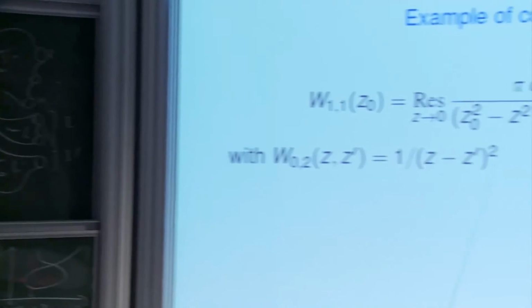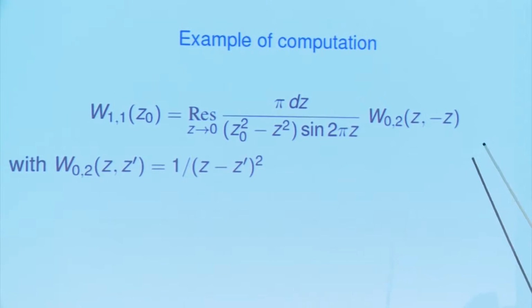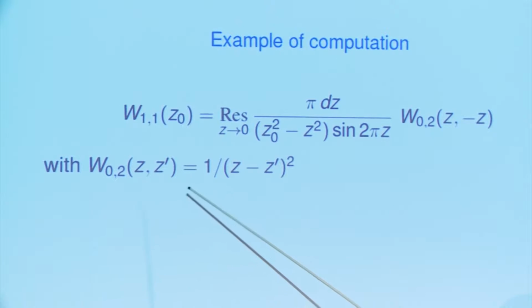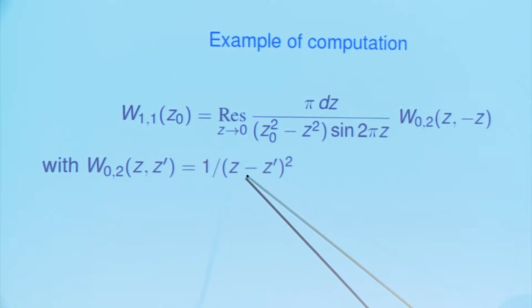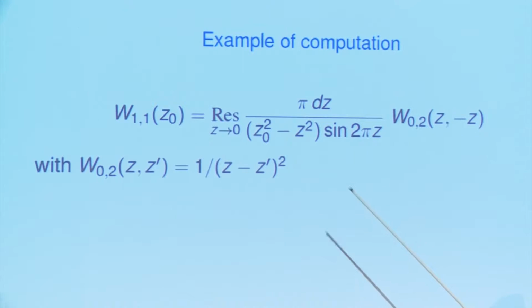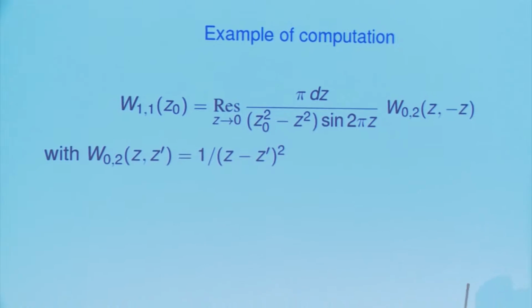And it just means this residue with that sine function in the denominator and with W_{0,2} on the right-hand side. And remember that W_{0,2} is just defined to be 1 over (z minus z prime) squared. So it's the residue of some very simple function. Let's do it.